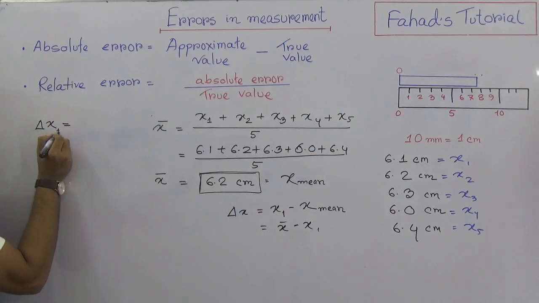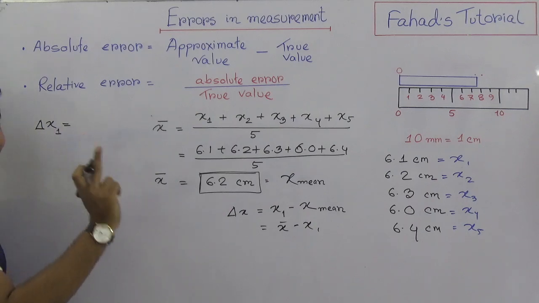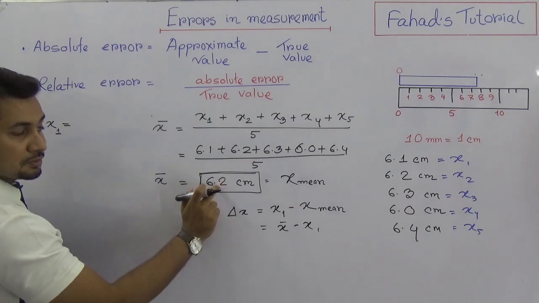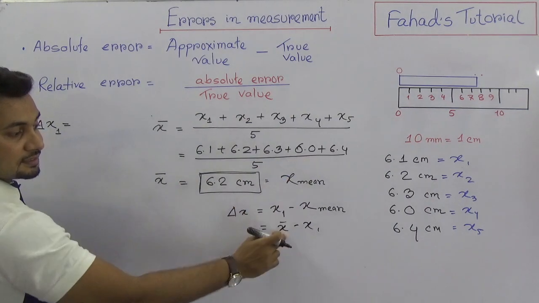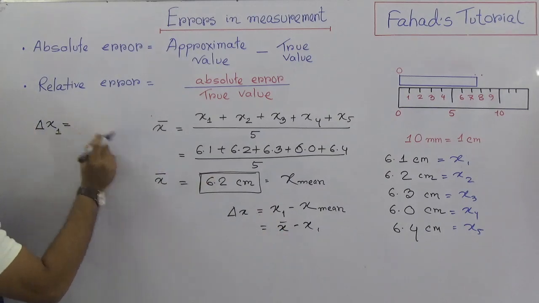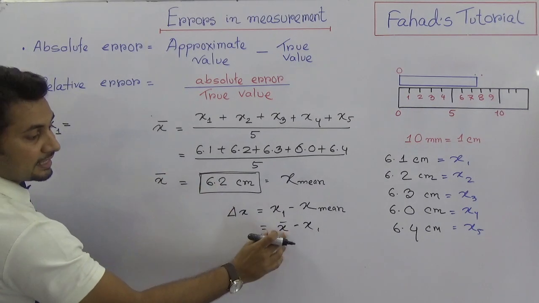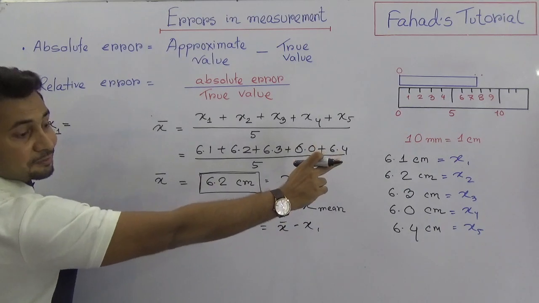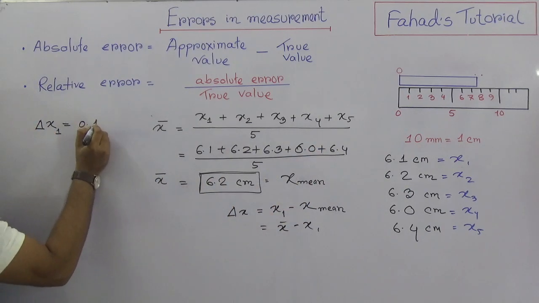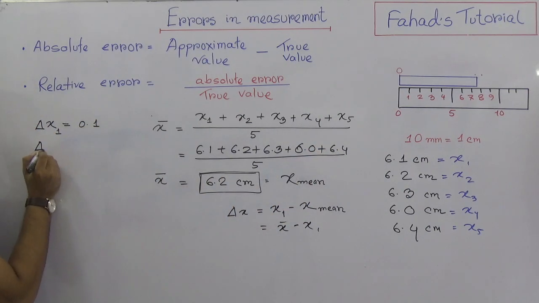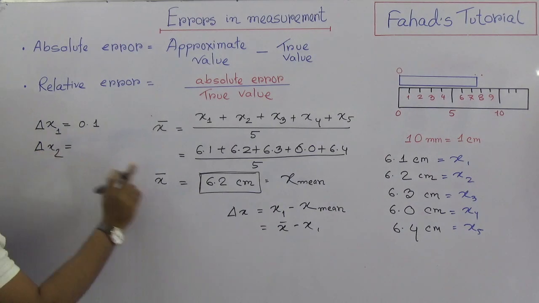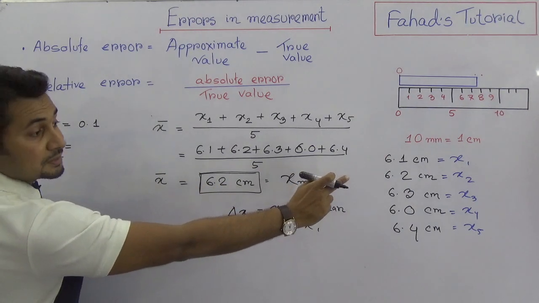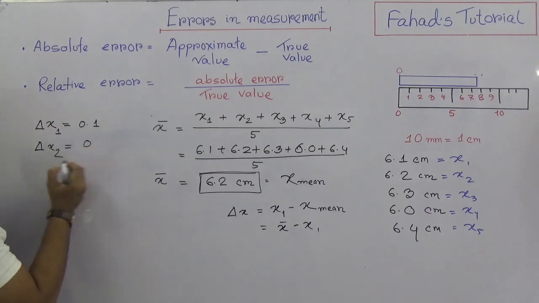So think about the first one. Del x1 is the first deviation. It is 6.2, this one is x bar, minus 6.1, which is 0.1. Then for x2, 6.2 minus 6.2 is 0.